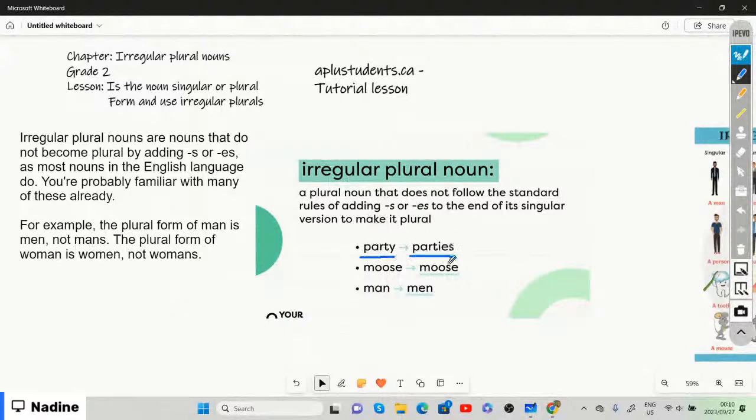One party, two parties. And as you can see, we didn't just add an s, we didn't add an es. It's as if a part of the word changes, and there we even added ies.